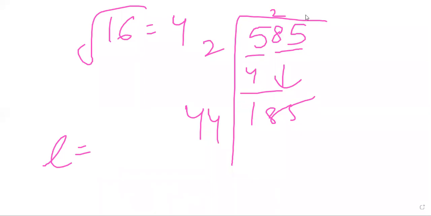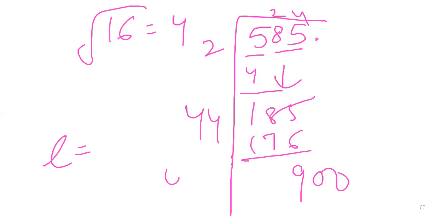Then it will be 176. Subtract it. Then we'll take the decimal, 2 zeros. Then we'll go on like this.